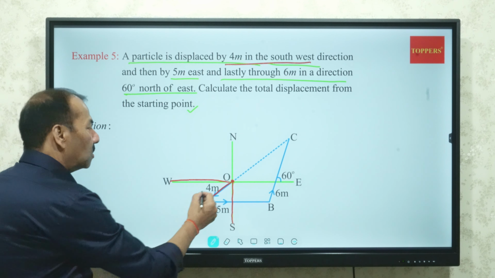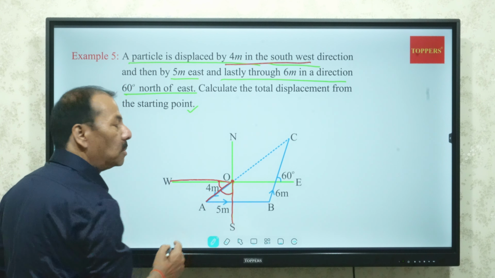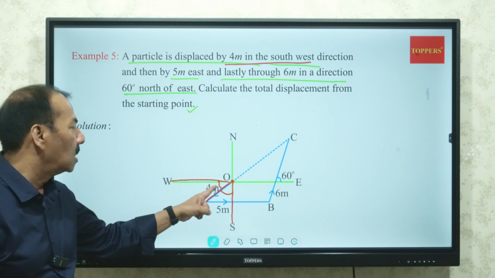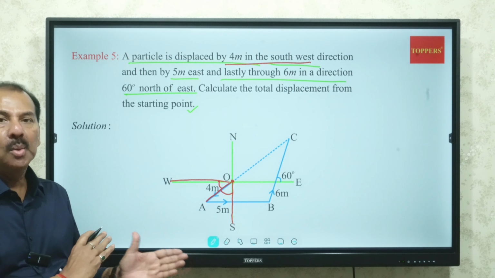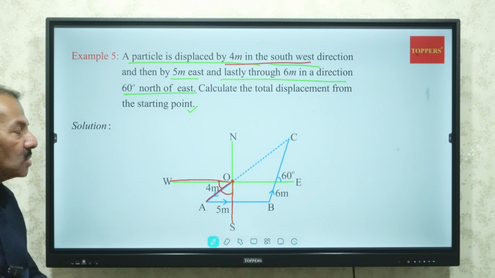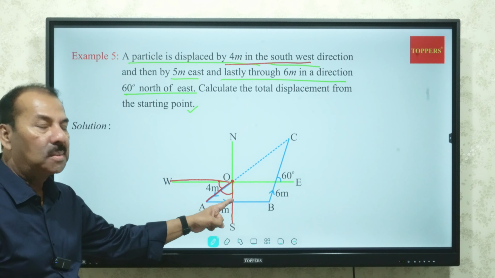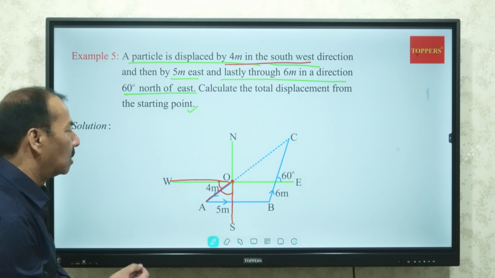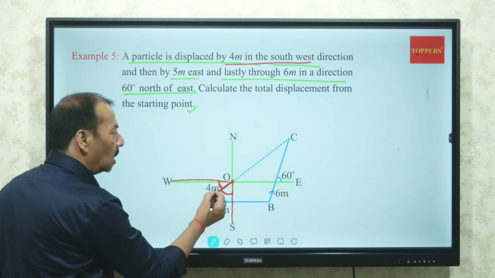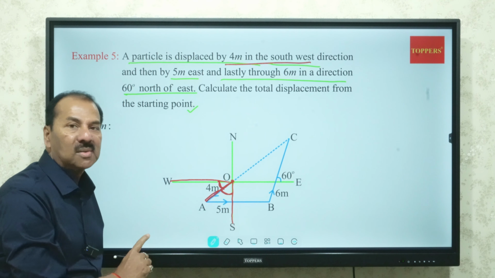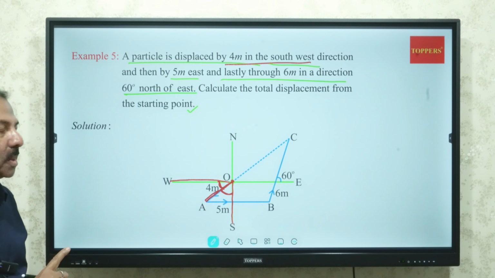It means this angle will be 45 degrees, because the total is 90, and southwest means equally inclined to south as well as to west. So this angle will be equally divided. So it is 4 meter at an angle of 45 degree with the west line, or with the negative of x-axis.